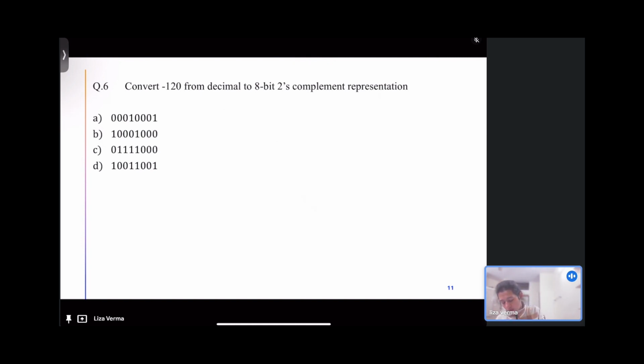So to do that, we need to write the sign magnitude representation of plus 120.